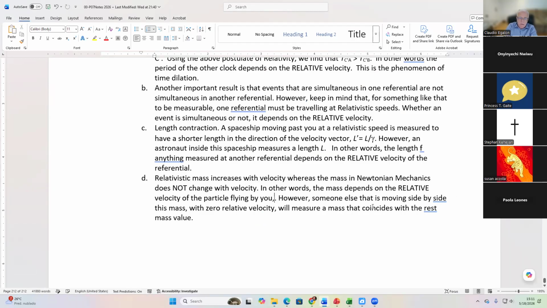However, someone else moving side by side with this mass, with zero relative velocity, will measure a mass that coincides with the rest mass value.